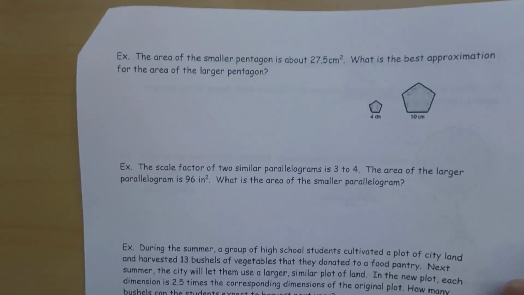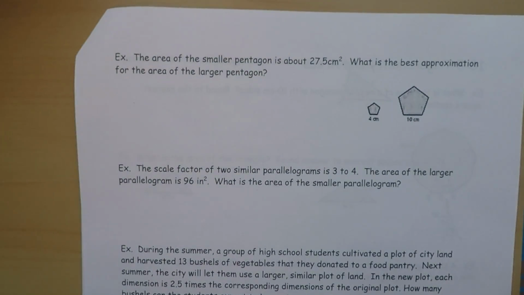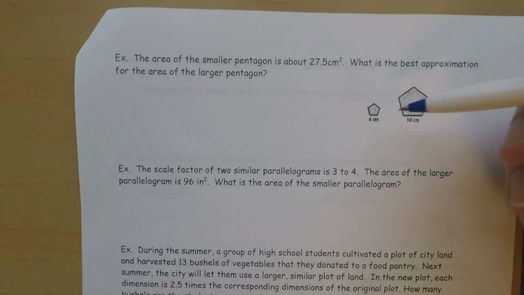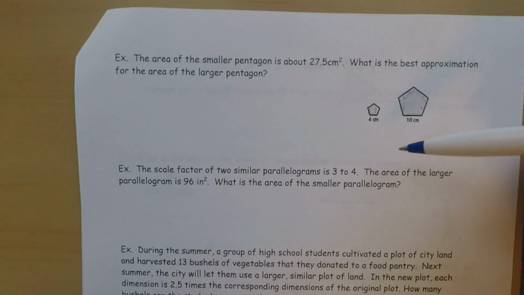Okay. How do we use that? If you flip to the back of that next page, it asks: the area of the smaller pentagon, here in this picture, is 27.5 centimeters squared. That's the area of this little guy. What is the best approximation for the area of the larger pentagon?